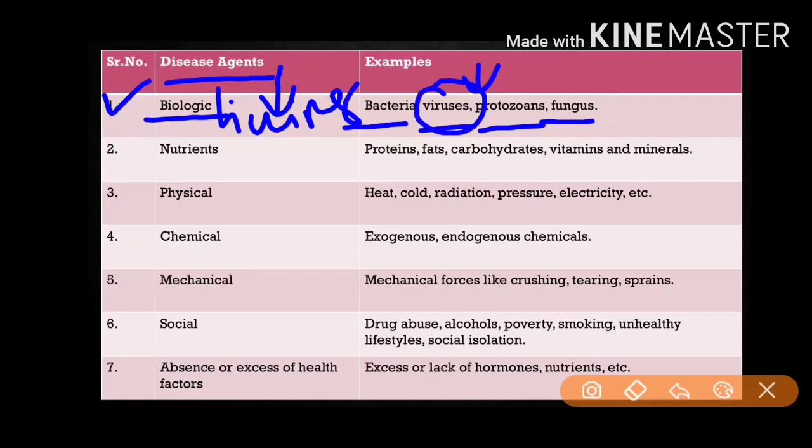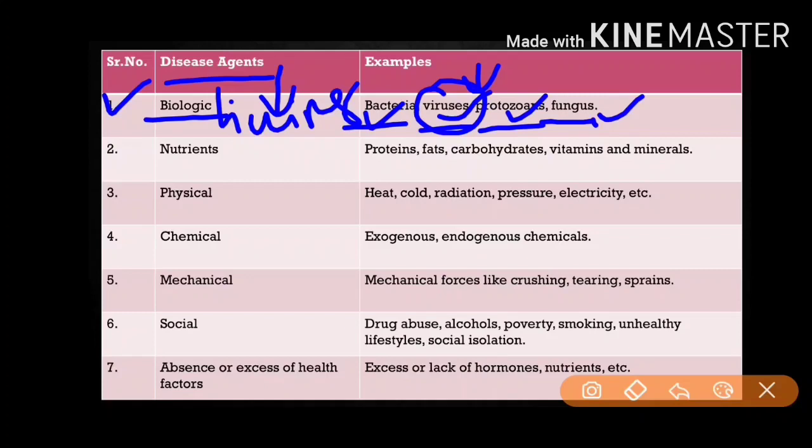We all know that viruses, when outside the body or outside the host, are non-living. So we consider a virus as living when it enters the host and captures the host mechanism. A host could be any living being. Hence the biologic agents include bacteria, viruses, protozoans and fungus.